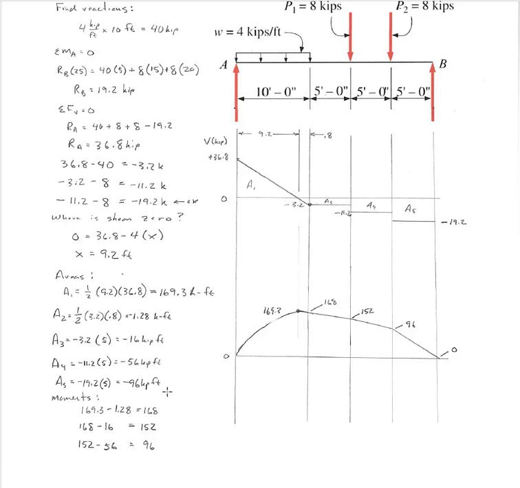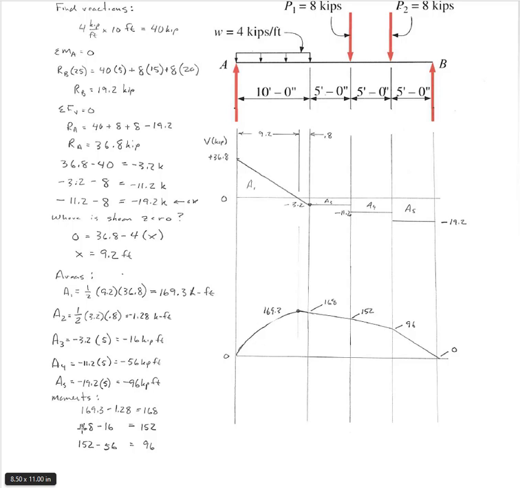Okay, so then here are my moments. I'm starting with 169.3. That's at the point where my shear diagram crosses the 0 line, so that'll be my maximum moment. And then from there, I subtract 1.28, which gives 168, the next point.